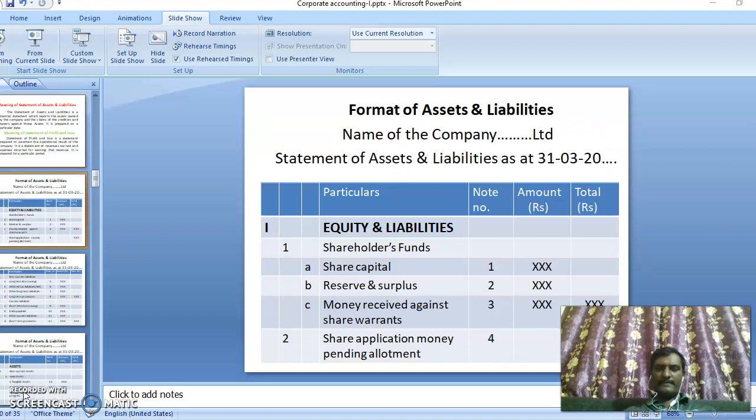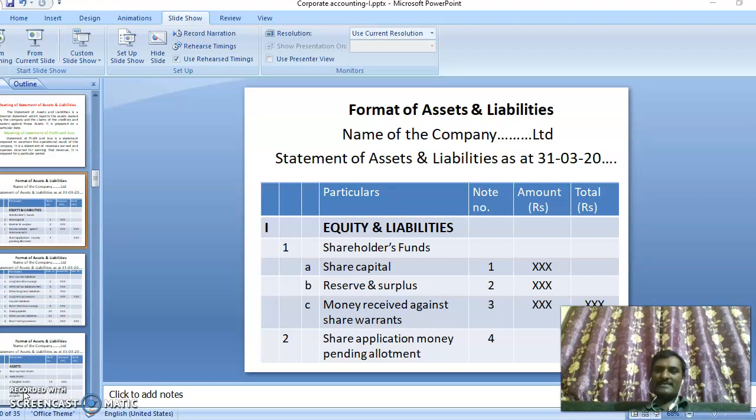Dear friends, in order to get the financial results or to know the financial performance of the company, it is essential to understand the format of assets and liabilities and the format of profit and loss. So first of all, I would like to throw light on the format of assets and liabilities.